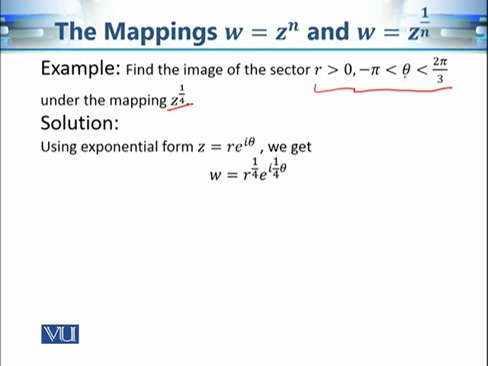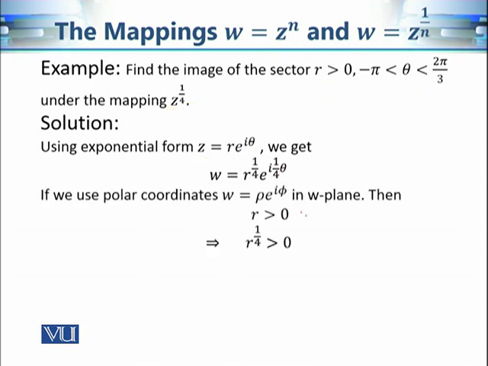And there is a condition on the argument, it should be greater than minus pi and less than 2 pi by 3. And we want to know the image under this map of this region. Okay, so the map is z raised to power 1 by 4. So when we apply this map on the exponential form of a complex number, then we get r raised to power 1 by 4 and e raised to power iota theta by 4.